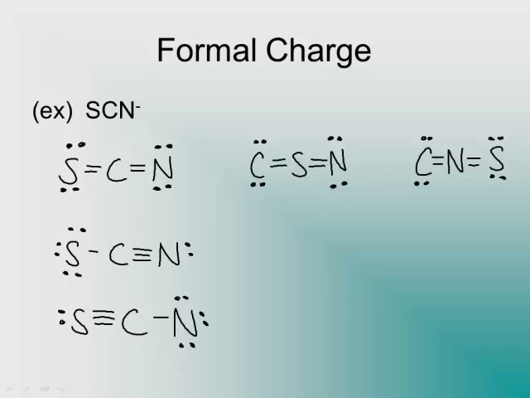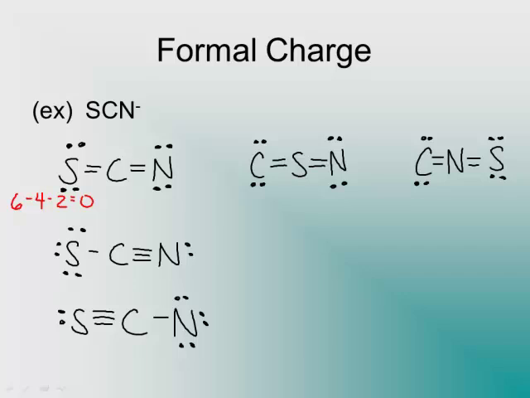Assign formal charges in all of these structures. In the first structure that we drew, sulfur has 6 valence electrons, minus 4 non-bonding electrons, minus 2, 1 for each bond, which gives us a formal charge of 0.